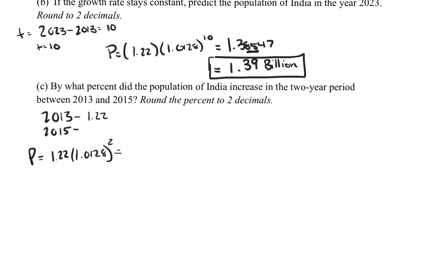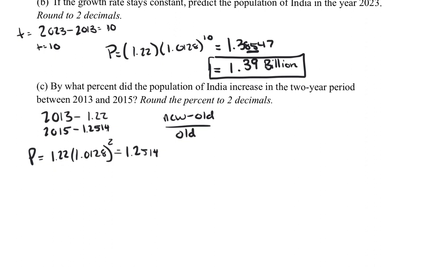So when we plug that in, we'll get an answer of 1.2514. We want to make sure that we have all of these decimals so that we get a very accurate percentage. So now we're going to use a percent of change formula, which is the new minus the old divided by the old.